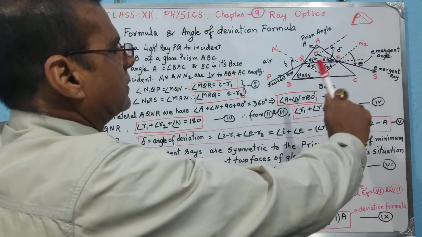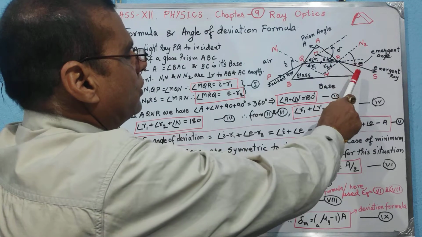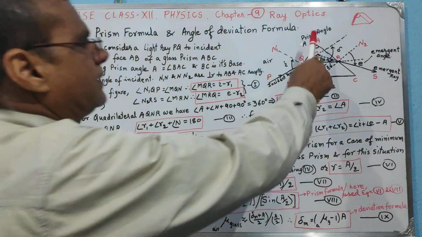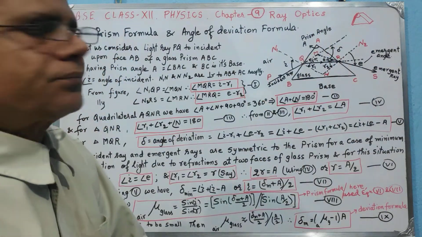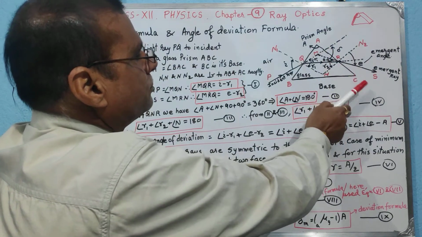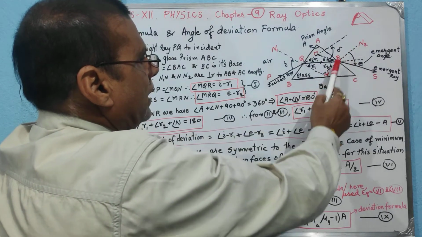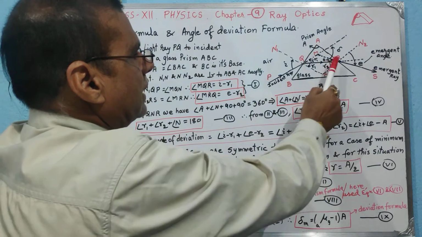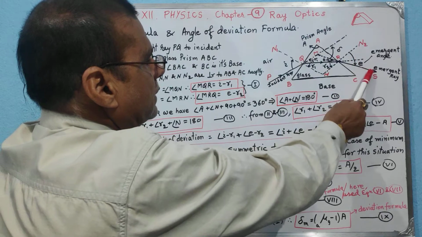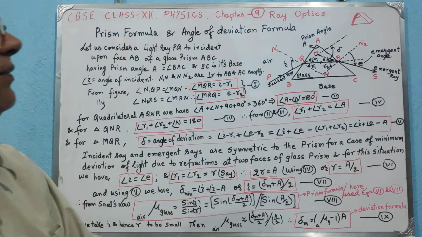Now the light travels within the glass, and finally before emerging out of the glass prism, it again suffers second refraction at the face AC of the glass prism, and the ray is further bending away from the normal. The normal is N2RN at the point of emergence R, and the angle between the emergent ray, that is the second refracted ray, and the normal is known as the angle of emergence.